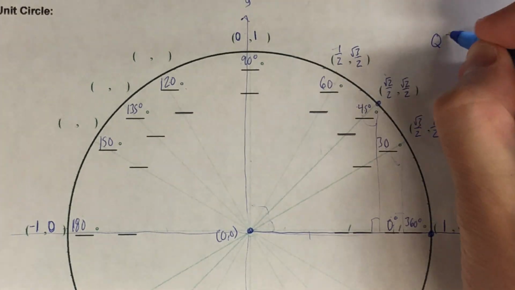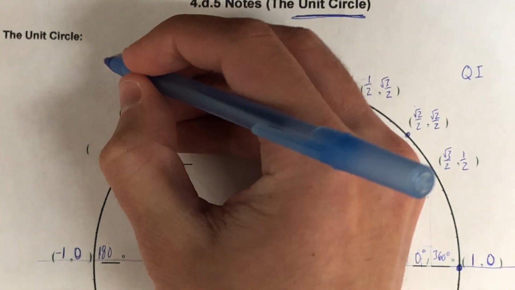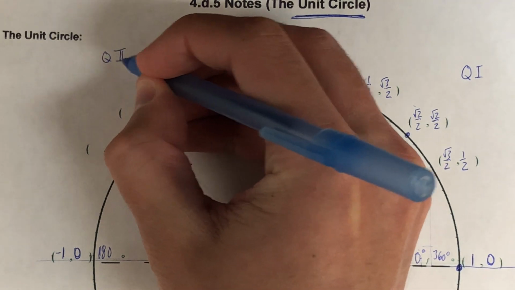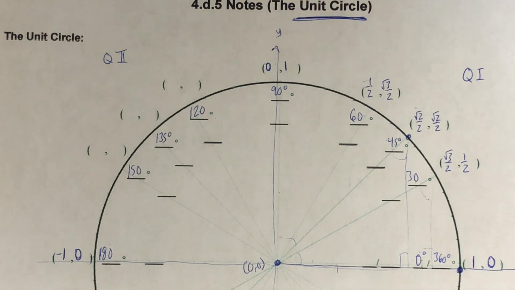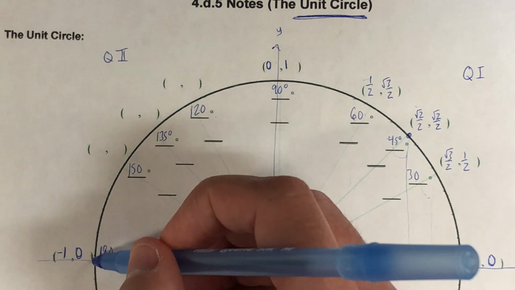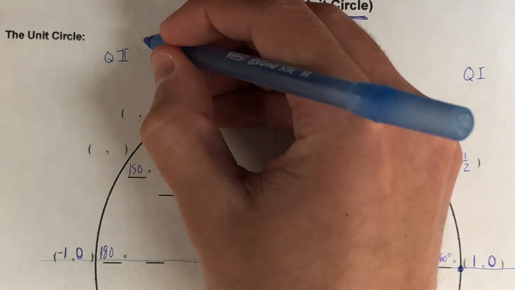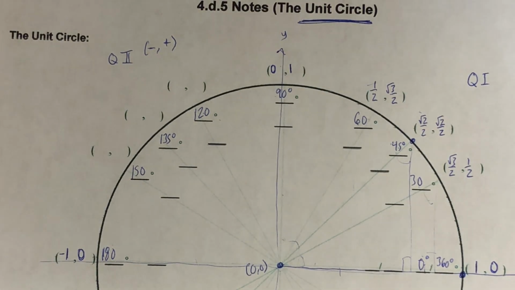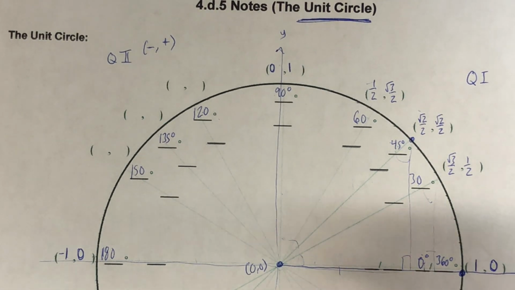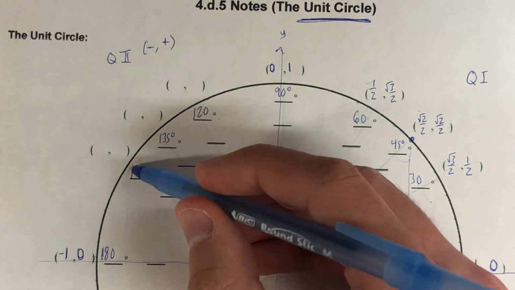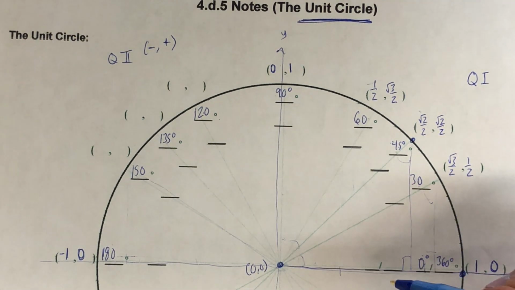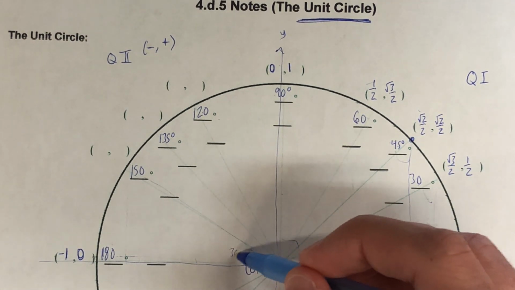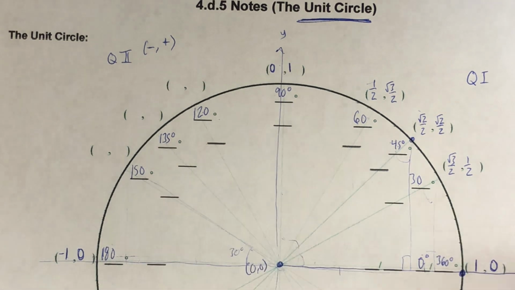So here's quadrant 1. In quadrant 2, let's think about whether x is positive or negative. So in quadrant 2, we're to the left of the y-axis, so our x values are going to be negative, our y values are going to be positive. But these angles are all going to be the same. So if we think about this triangle here, this is going to be 30 degrees because of the distance from 180 to 150.